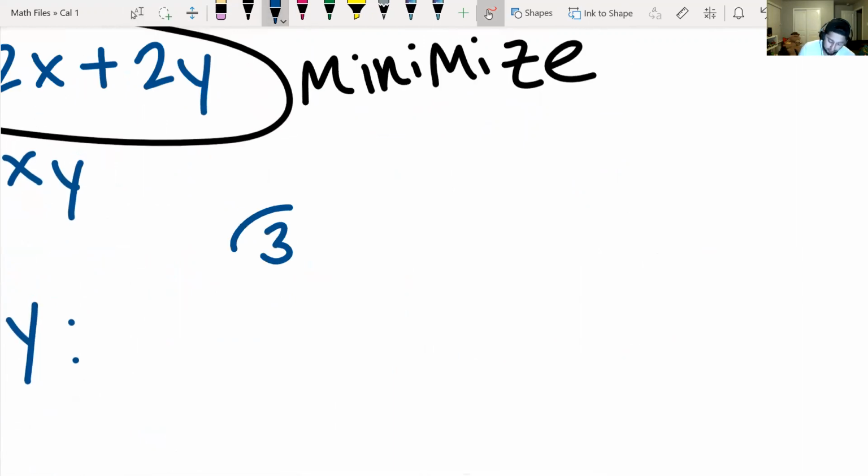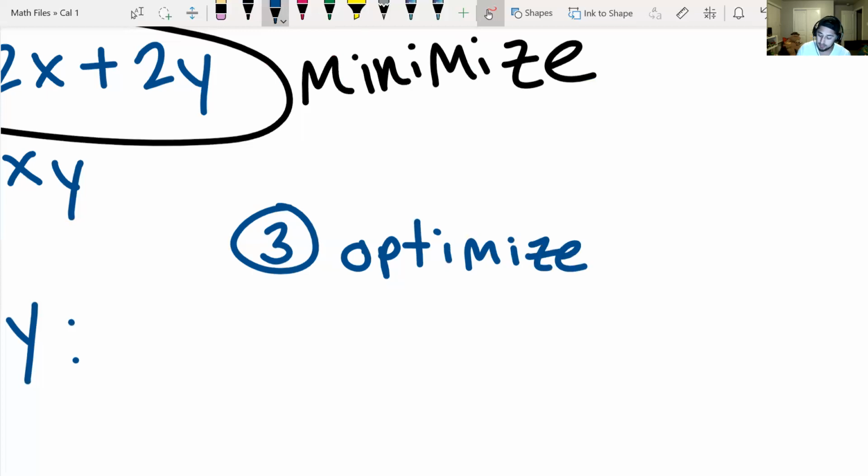Step 3. Since we have the perimeter equation all in terms of one variable, we now want to optimize perimeter.